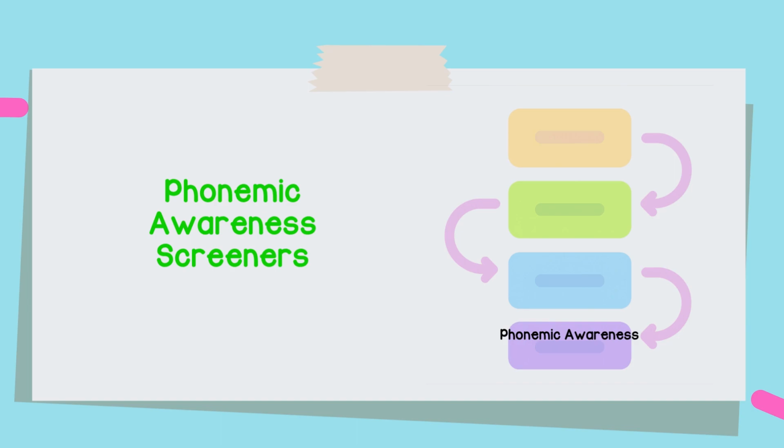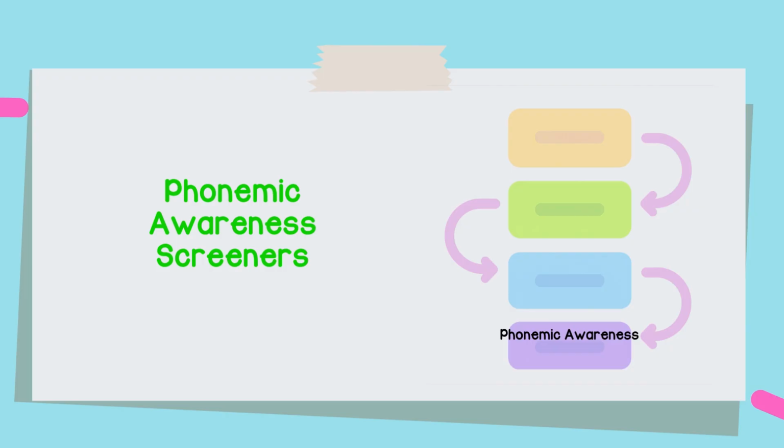If a student can blend 2 phoneme words but not 3 phoneme words, then you might introduce simple CVC words at the beginning with high utility sounds. If a student can blend but not segment, then you can use tapping, counters, or fingers to support sound separation. Those are just a few examples.